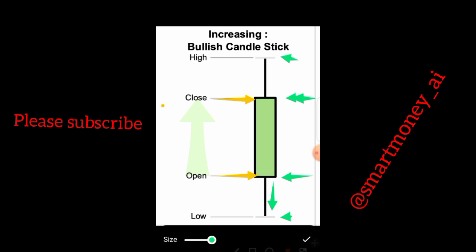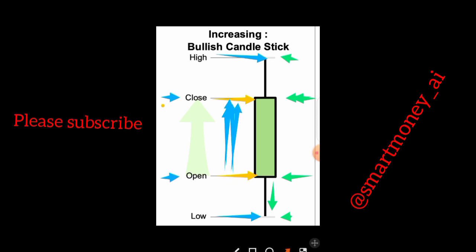And also from the lowest point of the lower wick to this point is called the range. The range. And every bullish candle moves upwards, right? It opens here and then closes there. So it moves in an upward direction.